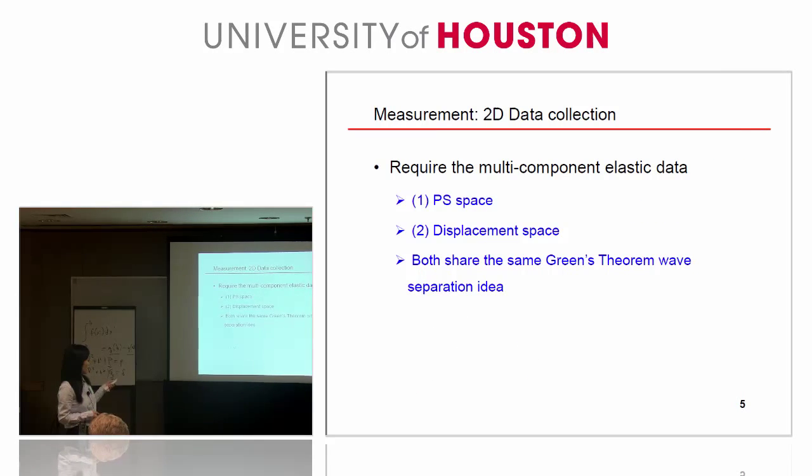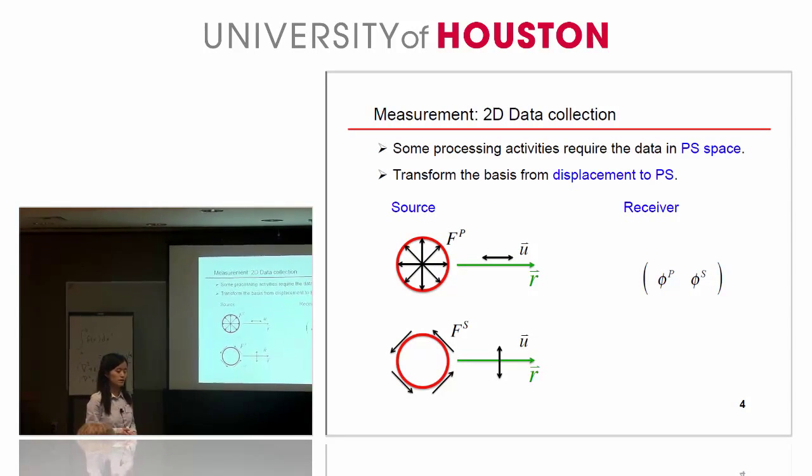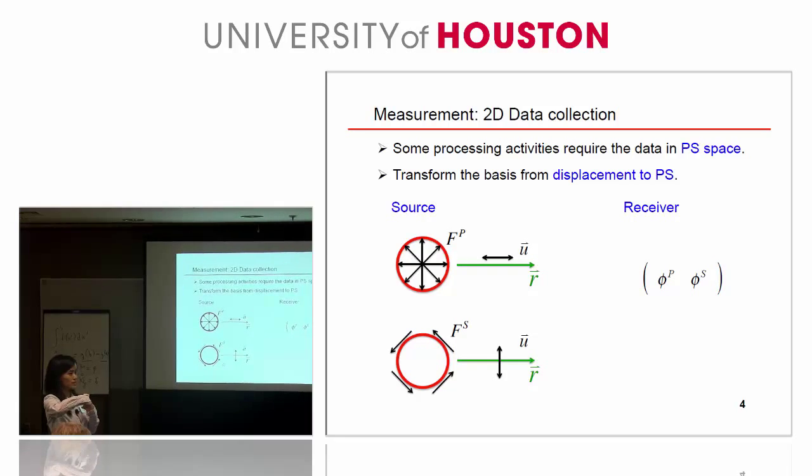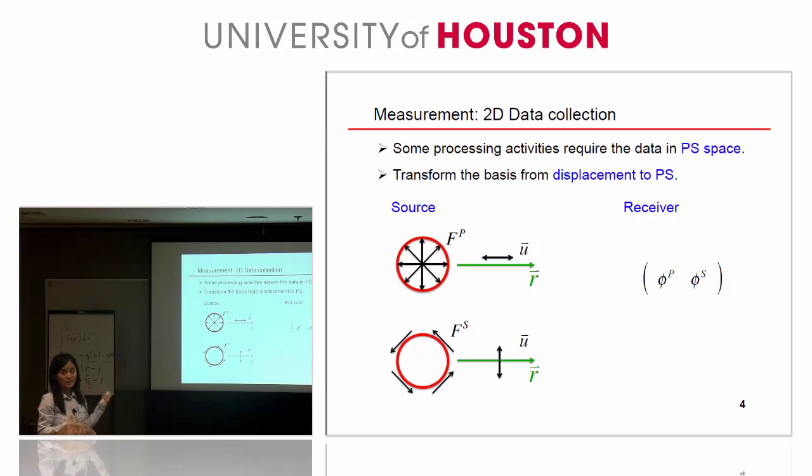Okay, now in this new basis, you can see the original source with Fx and Fz is decomposed to P and S sources. For the P source, it only has its contribution in the radial direction. So assume a homogeneous area in the vicinity of the source, it will send out the P wave.